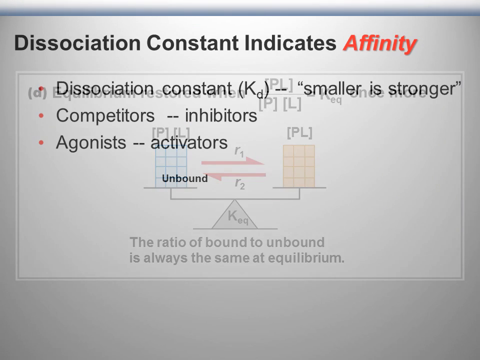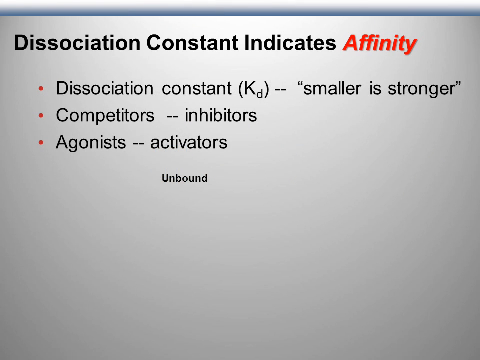Okay? Now that's different than what we're talking about here, which is affinity. Okay? The KEQ is not the same as KD, but they're calculated in similar fashion. Okay? What we're talking about here is how strong the affinity is for a protein or a reactant for its substrate. Okay? And it's a ratio just like before.